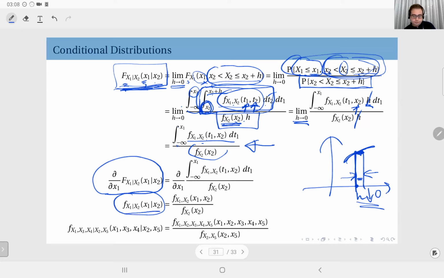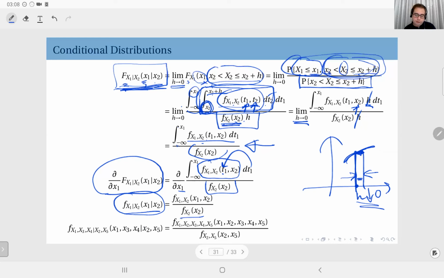The denominator is independent of x1, it doesn't have x1 in it, so it's just constant with respect to x1. And the integral with respect to x1, if you differentiate it, will be just this function evaluated at x1. You get the joint PDF of x1 and x2 divided by the marginal PDF of x2.